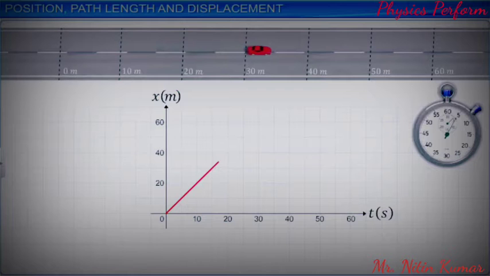When a body covers equal distances in equal intervals of time along a straight line, it is said to be in uniform motion. Case 3.